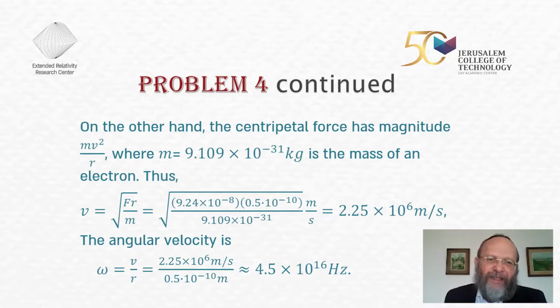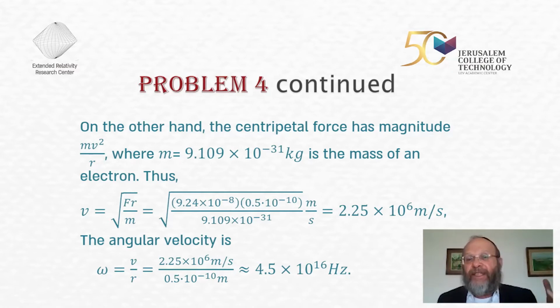And the omega: how many revolutions does it make? 4.5 times 10 to the power 16 revolutions per second. It means everything moves very, very fast. Imagine that if you measure something reasonable, in nanoseconds, you'll have 10 to the power 7 revolutions.